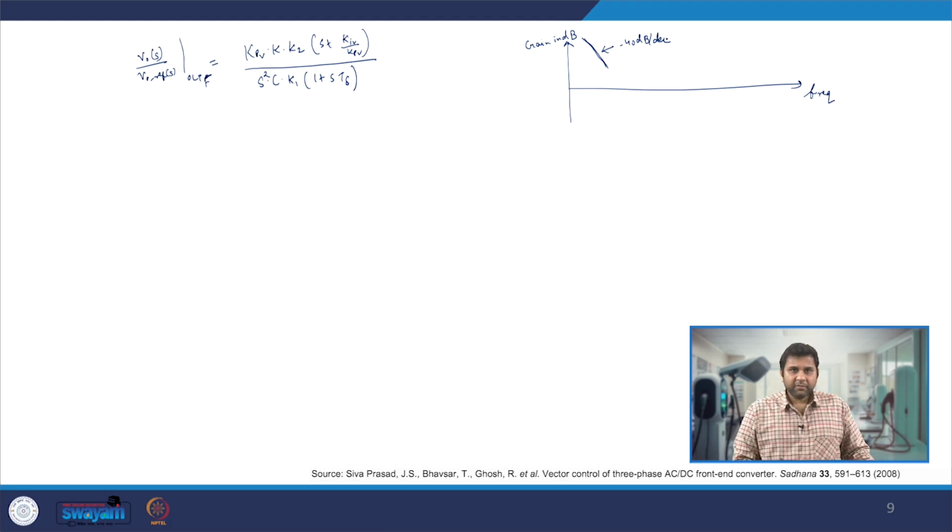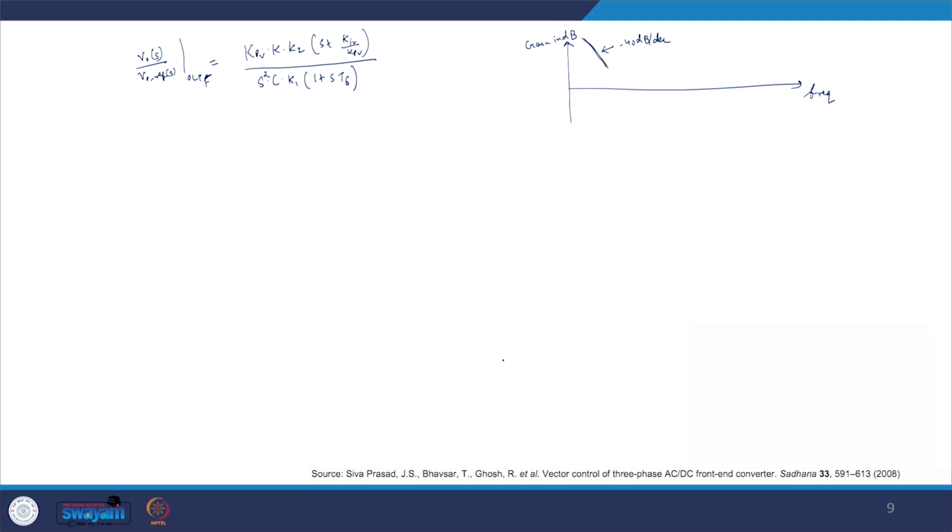And then we have one 0 and one pole. Now, let's say the pole is placed at a lower frequency as compared to the 0, then after this it will fall down with minus 60 dB per decade, and then after the 0 it will be falling by minus 40 dB per decade. The other possibility could be, let's say we keep our 0 at this point, which is KIV by KPV.